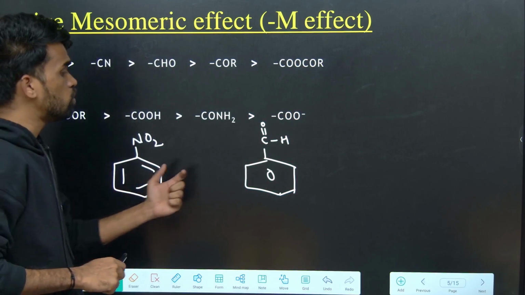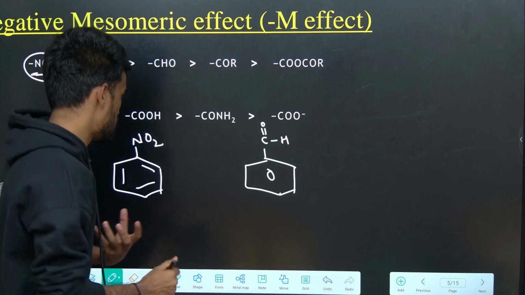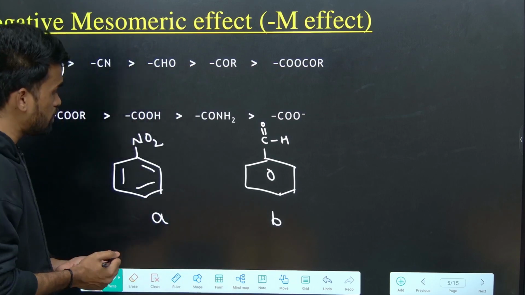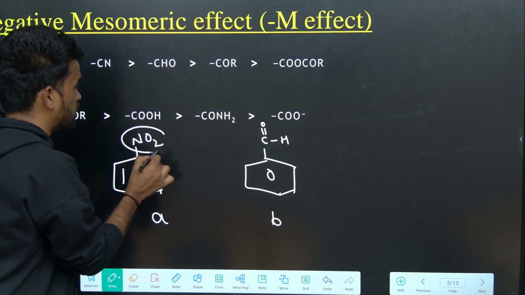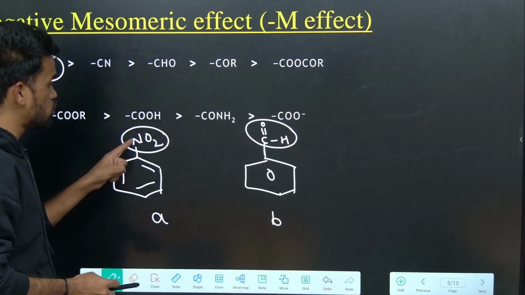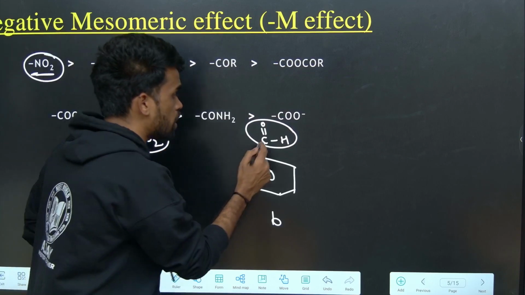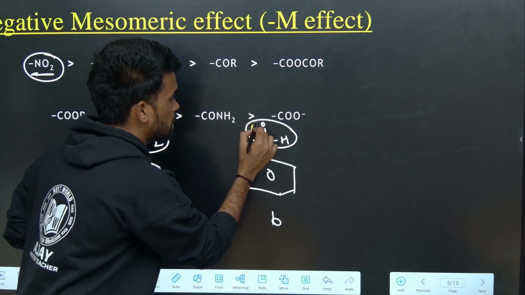Okay. So now out of these two, in which case is the mesomeric effect more? It will be more in the first case, because both are minus I groups, minus M groups only, right. See, there are no lone pair electrons on the nitrogen of the nitro group and the carbon of the aldehyde group. Therefore, this only will withdraw the electrons.